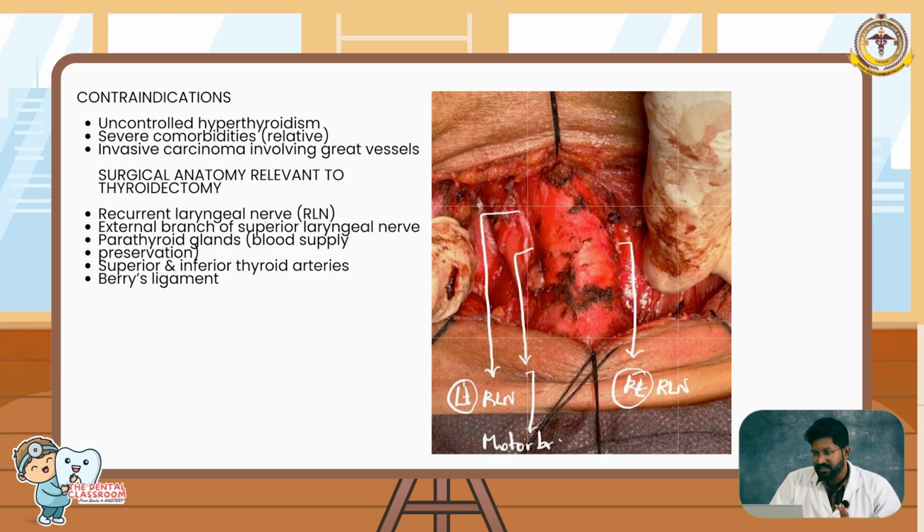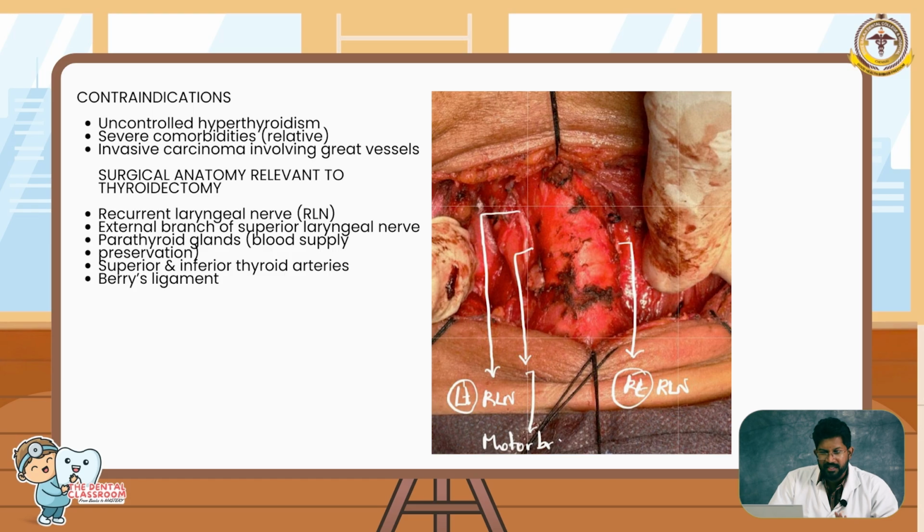During surgery, the image here shows the left recurrent laryngeal nerve and right recurrent laryngeal nerve. You can see the nerve as a thin white glistening structure, on both sides bilaterally.